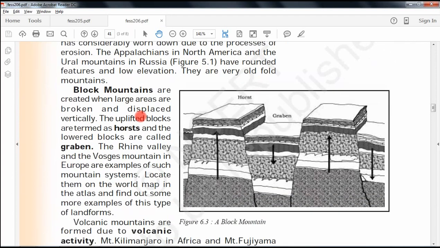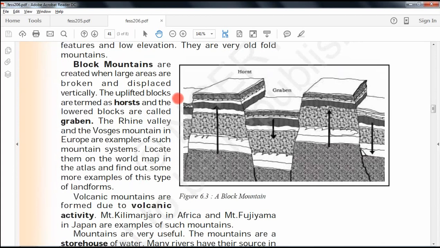Block mountains are created when large areas are broken and displaced vertically. The displacement happens vertically, not horizontally, to form these block mountains. The uplifted blocks are called horsts and the lowered blocks are called graben.